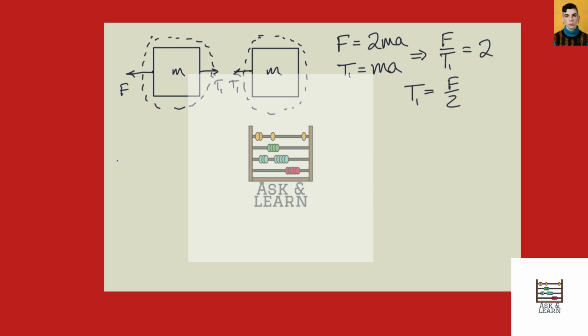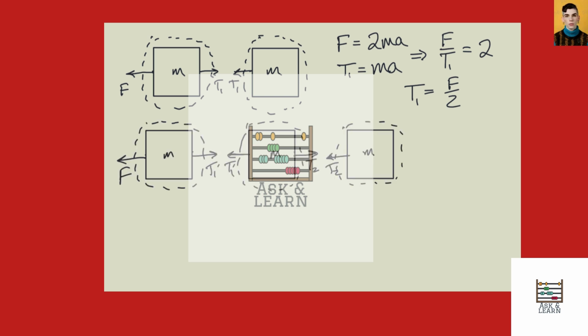We know that the boxes are accelerating at the same rate, so if we look at the second box individually, we see that T1 must equal its mass times the same acceleration A, and that gives us that the tension in the cable holding them together is simply the applied force F divided by 2.